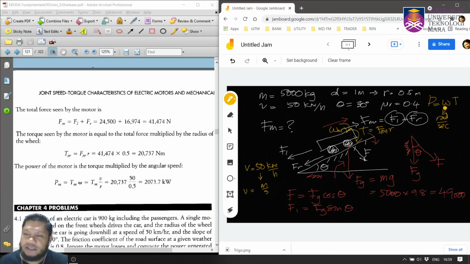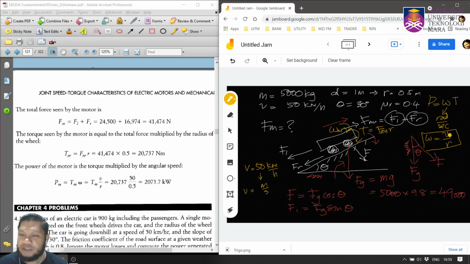Because omega here is in radian per second, and we also have another equation, which is omega equals velocity divided by r. So that gives you the angular velocity. The angular velocity equals the velocity divided by the radius of the wheel.